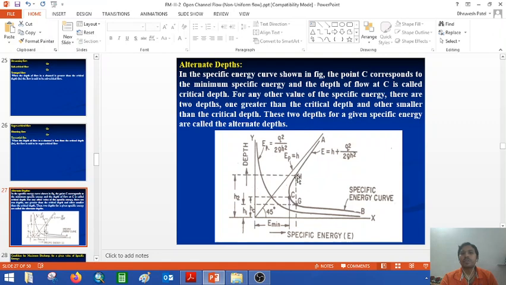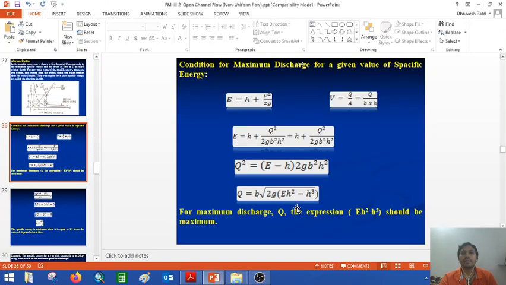So you can observe whenever you plot a vertical line which passes through the inclined line E is equal to h, which bisects the horizontal line, the points H and G are the two alternative points where you observe in the stream that the specific energy coincides as the same. So we call this the alternate depth, right? So these points H and G we consider as the alternate depth.